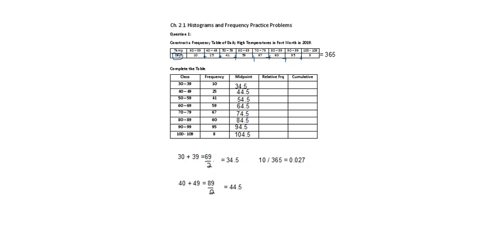So our first relative frequency is 0.027. All right, next I will do 25 divided by 365, and that's equal to 0.068.